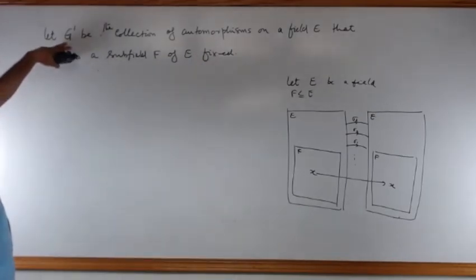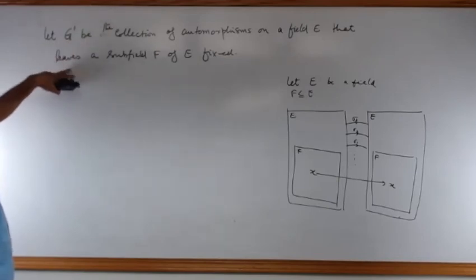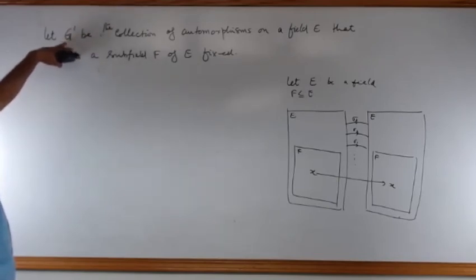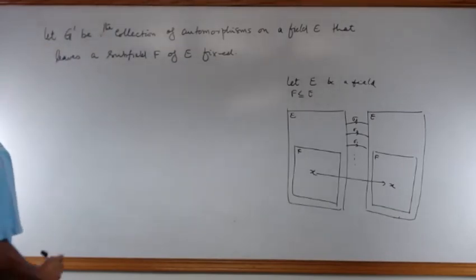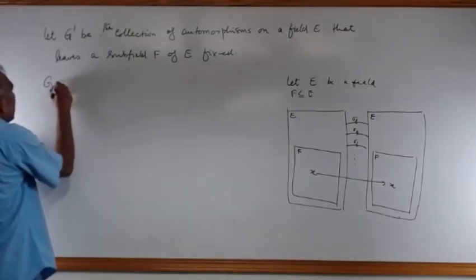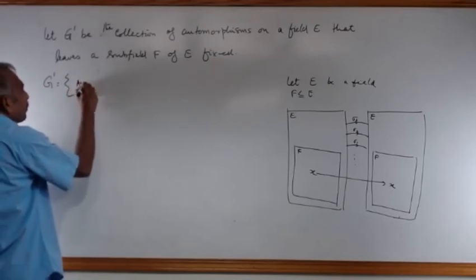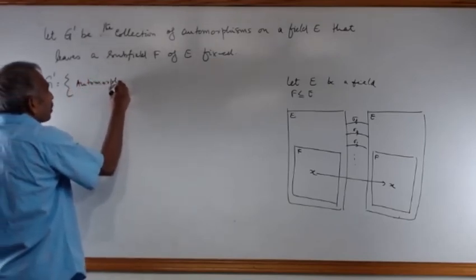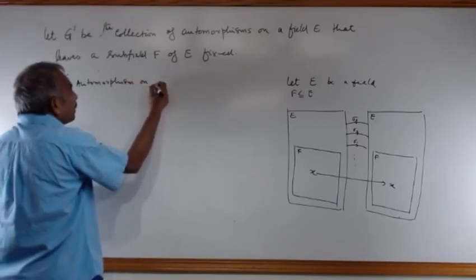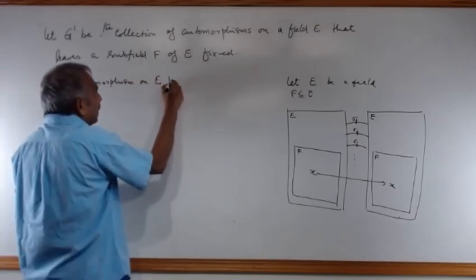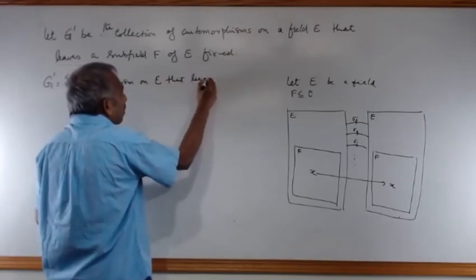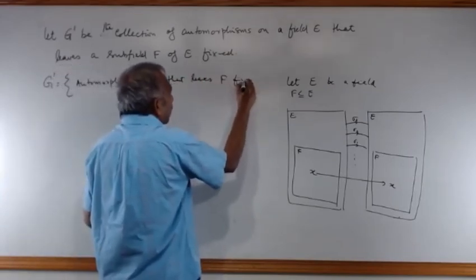We are going to use a different notation for this G prime after we see what kind of collection this is. So G prime is equal to the automorphisms on E that leave F fixed.